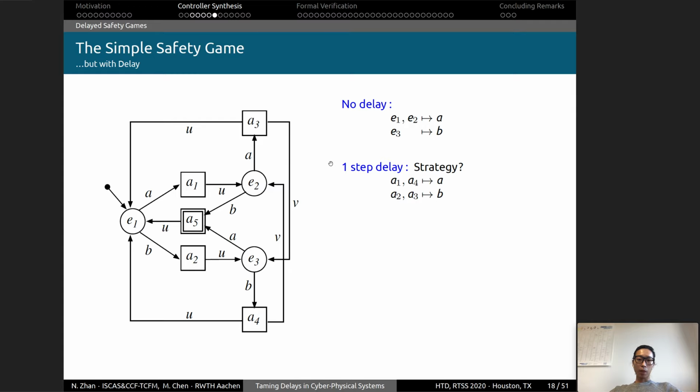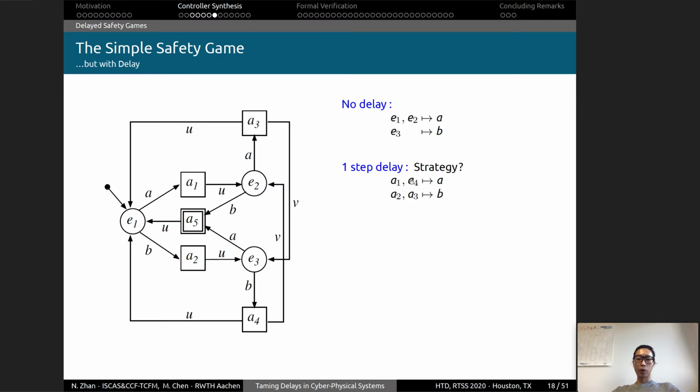It means that every action made by player one has to take one time unit until it can take effect. And from another point of view, the action that takes effect at state E2 is actually pre-decided one time unit ago at the box state A1.